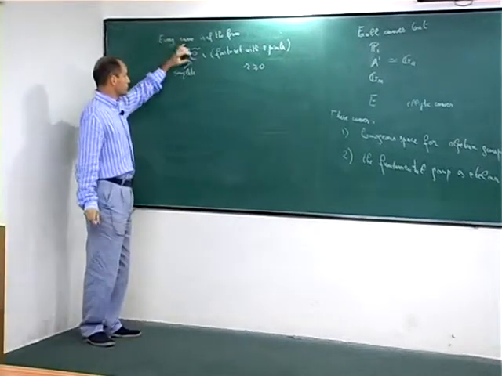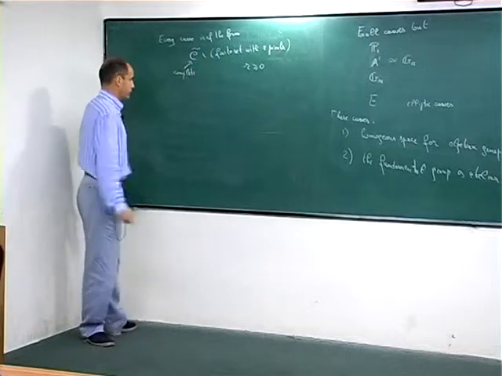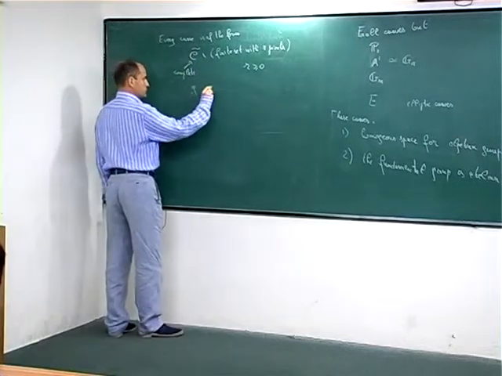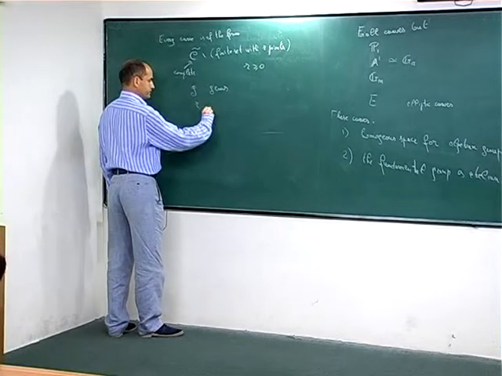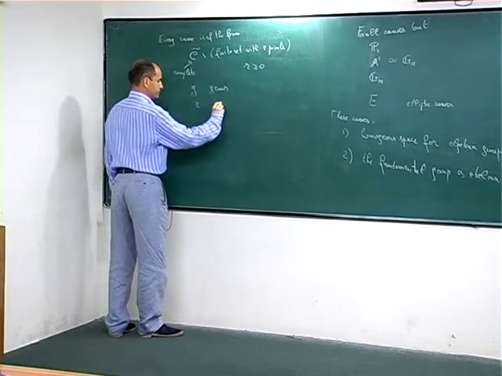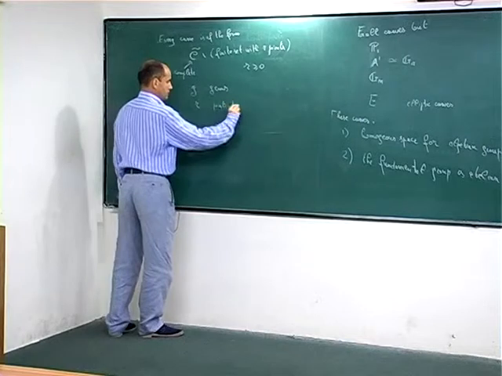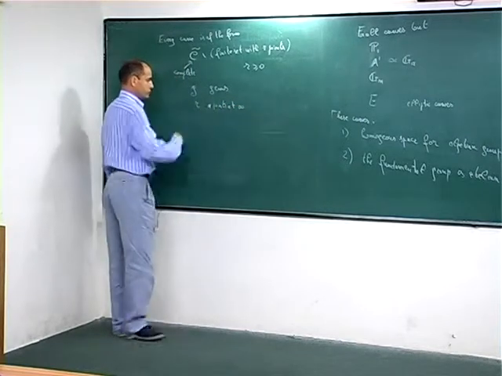So each curve has two invariants. The first is G, the genus, and the second is R, the number of points at infinity.